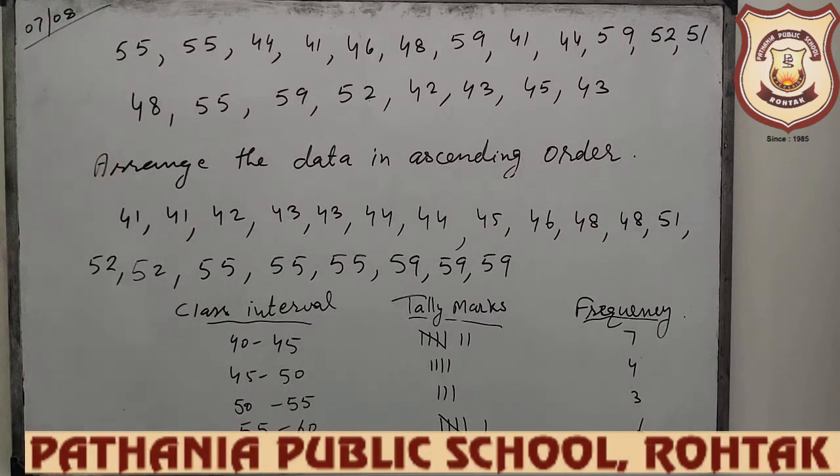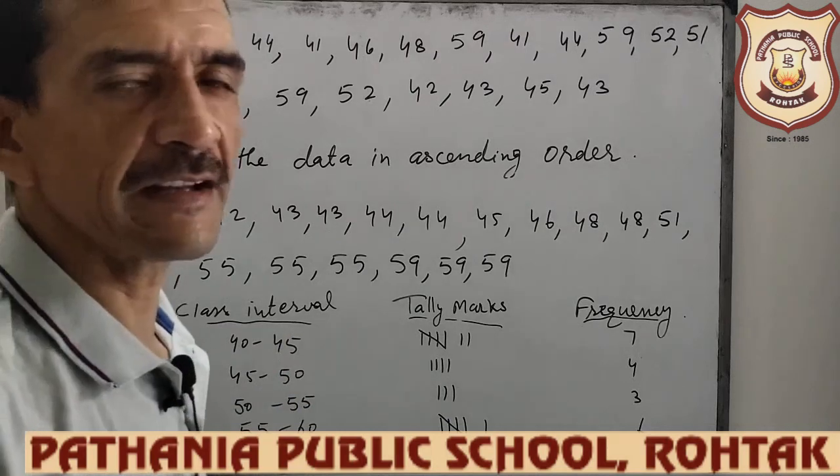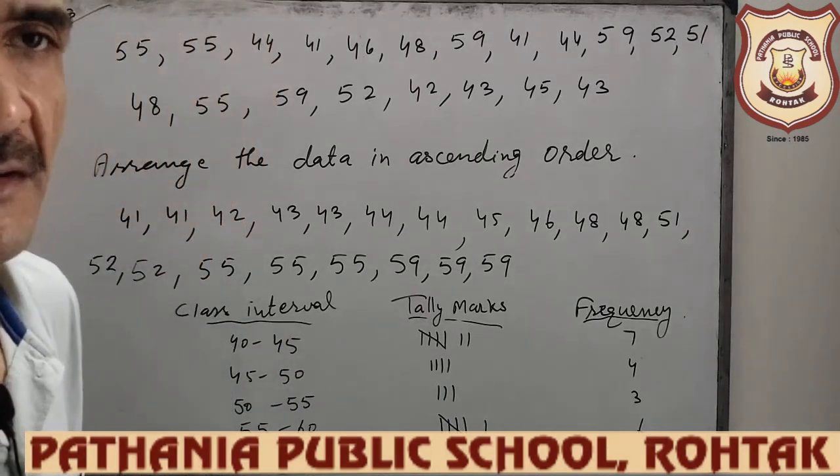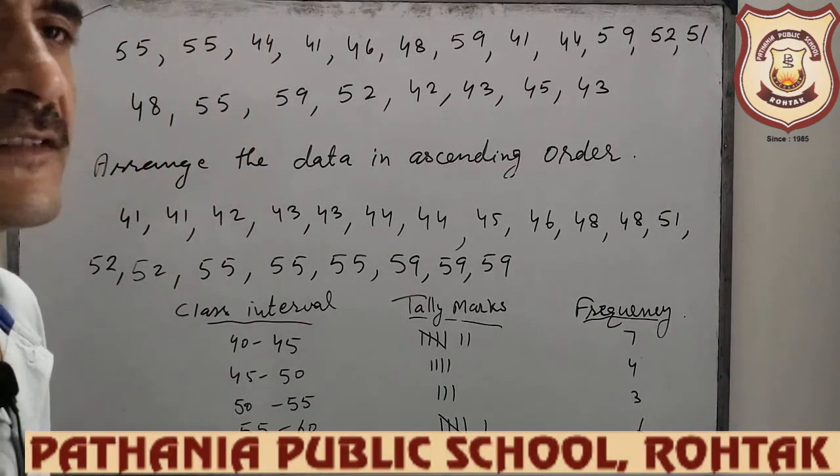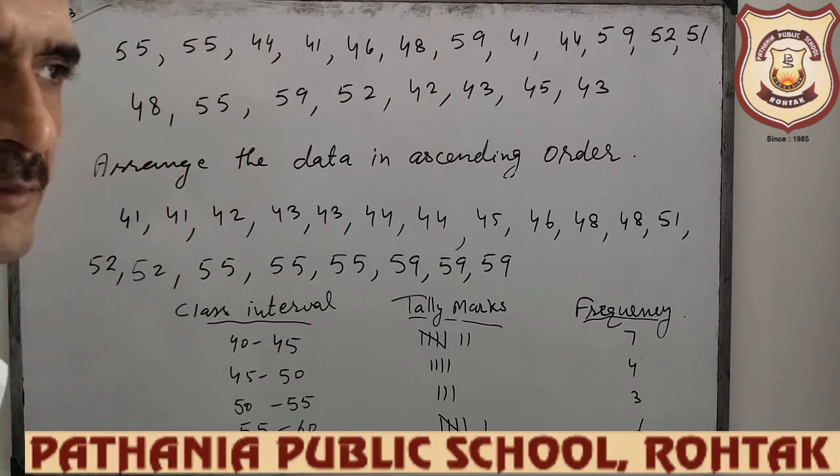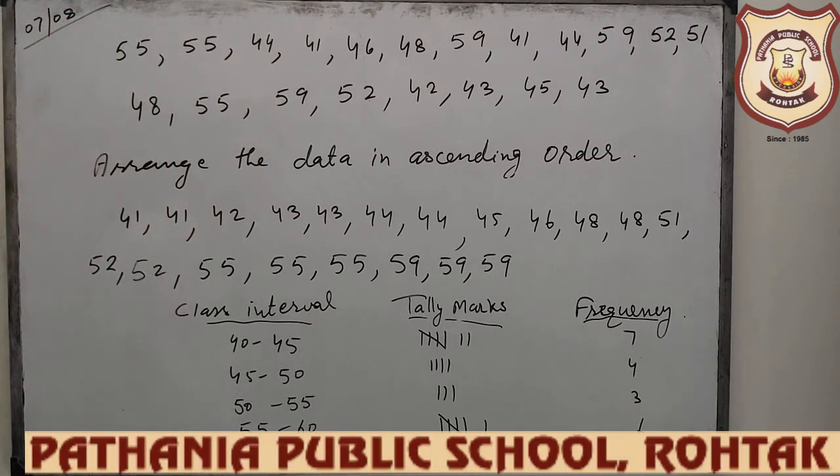You can also take like 40 to 44, then 45 to 49, then 50 to 59. That type of table is known as a discrete frequency table. But now I am doing the continuous frequency table. In this way, you draw the continuous frequency table of the given data.